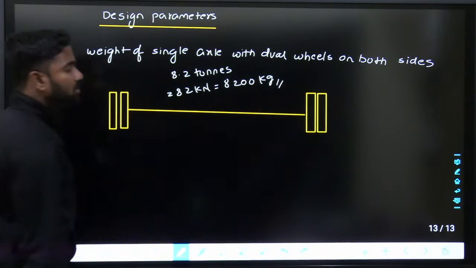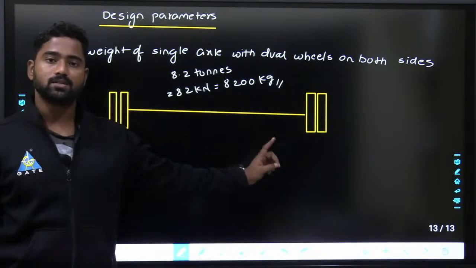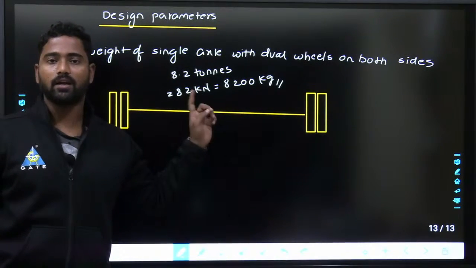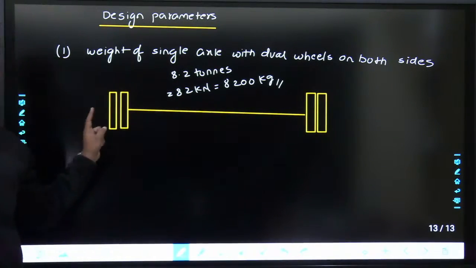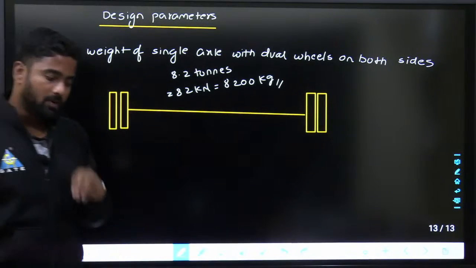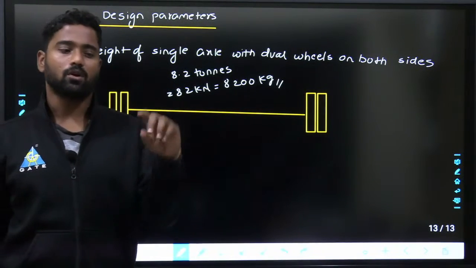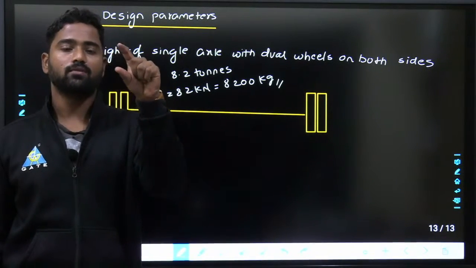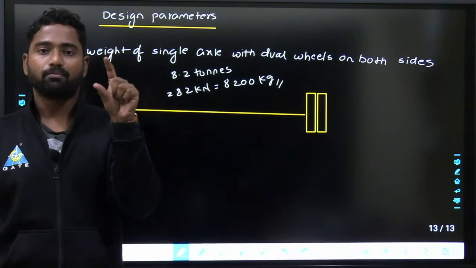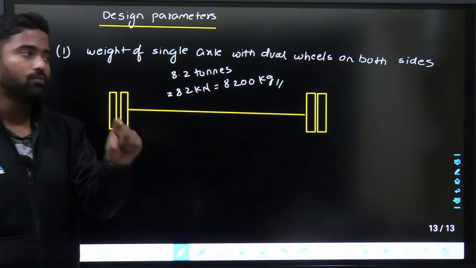I gave you this as 10.2 tons in your traffic engineering, starting with traffic characteristics. But as per IRC, for design purposes, the idea is always to find the thickness of the different layers, the thickness of the pavement.